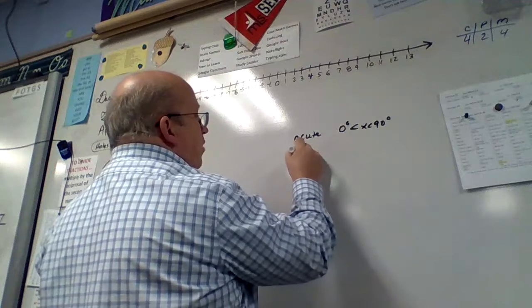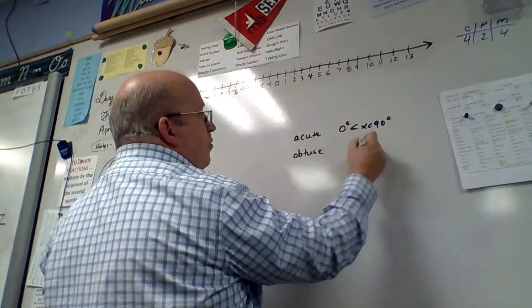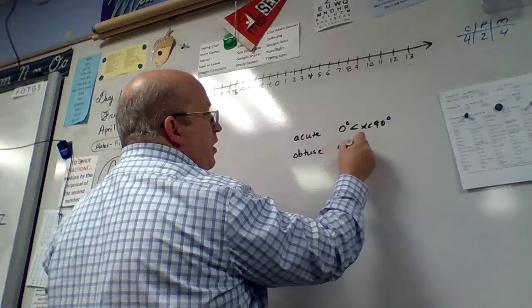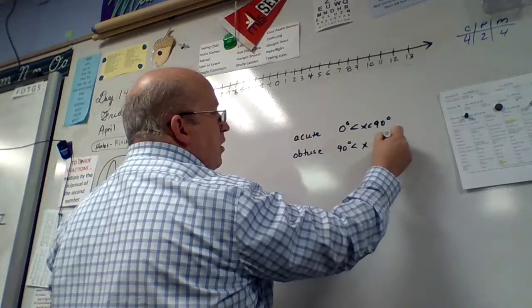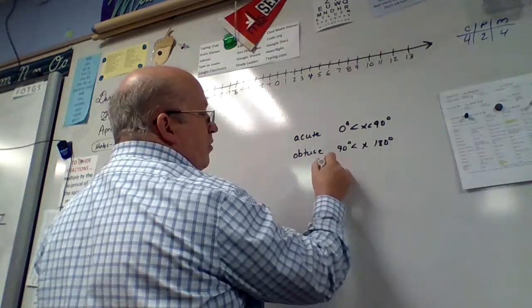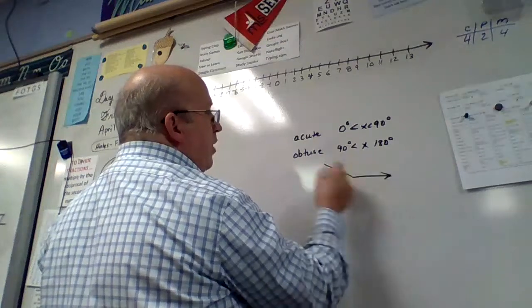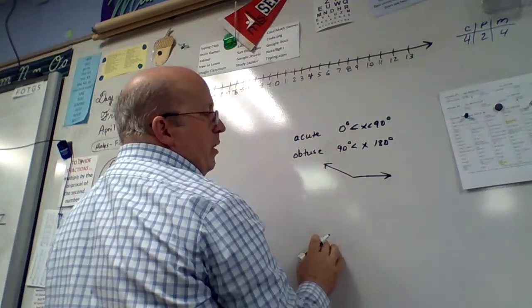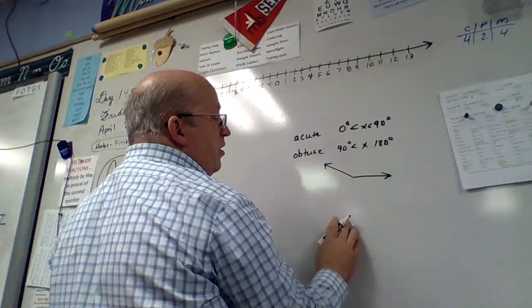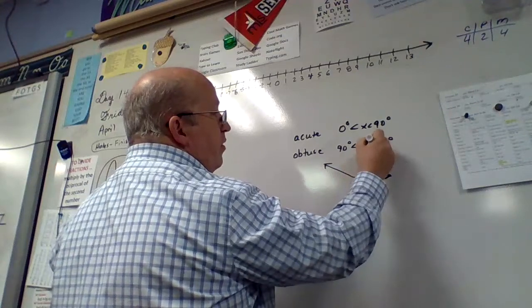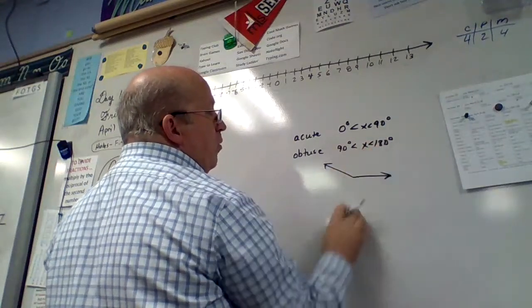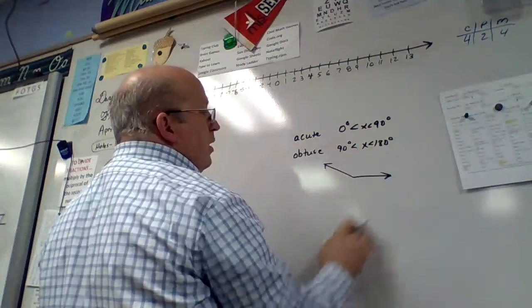The next type of angle, obtuse. Obtuse angles are the ones that are between 90 degrees and 180 degrees. So for example, this would be an obtuse angle. If I measured it with a protractor, it'd be about 150 degrees. 150 fits in between 90 and 180 in this inequality.